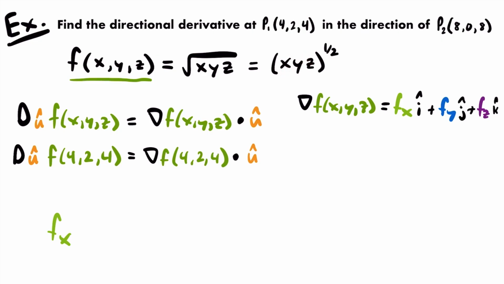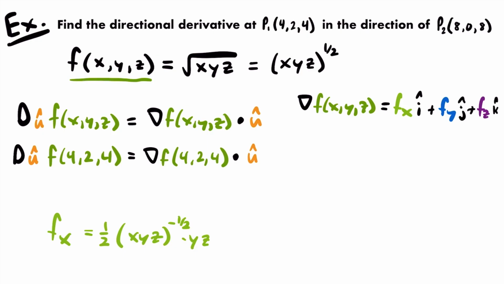So using the power rule, we will get 1/2 times x times y times z to the negative 1/2 power, and then that will be multiplied by the derivative of that inside function, which will just be y times z, right? X is to the first power, so its derivative is its coefficient, or the number being multiplied by it, which will be y times z. Okay, so we multiply by y times z.